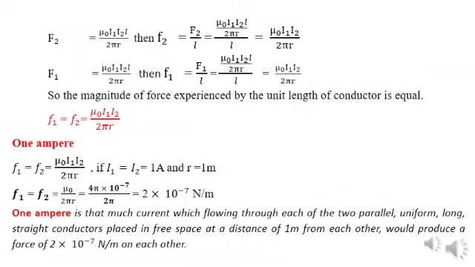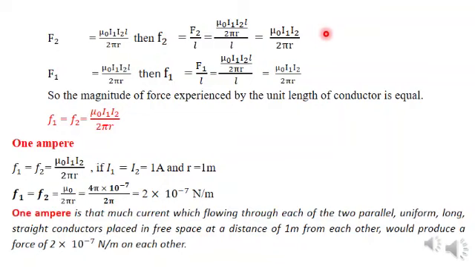F2 is the total force acting on entire length of second conductor. So force acting per unit length of second conductor is force acting on entire length divided by entire length. So force acting per unit length is mu 0 I1 I2 L divided by 2 pi r divided by L. So force experienced by unit length of second conductor is mu 0 I1 I2 divided by 2 pi r.